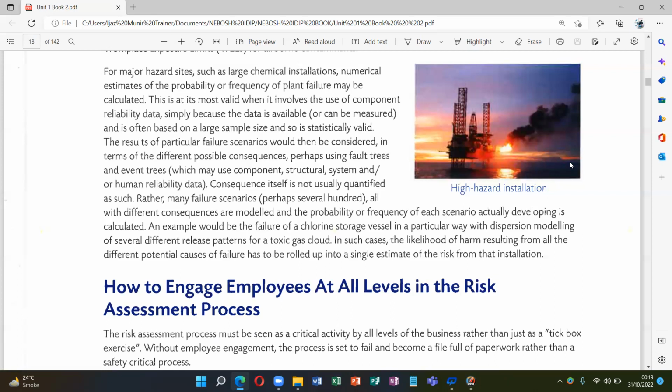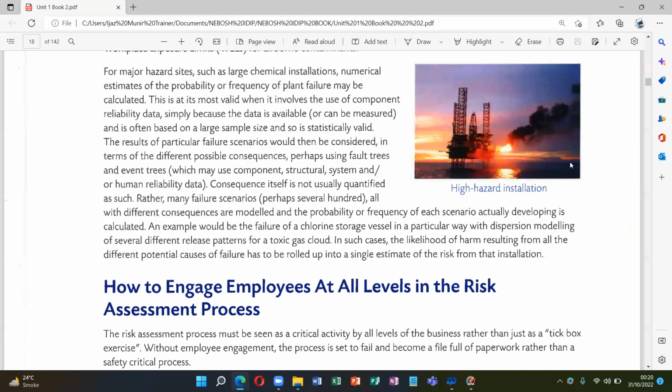Consequence itself is not usually quantified as such. Rather, many failure scenarios, perhaps several hundred, all with different consequences, are modeled, and the probability or frequency of each scenario actually developing is calculated.